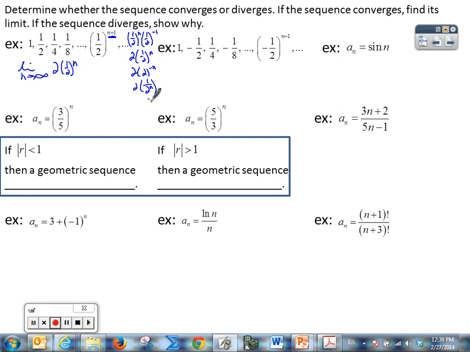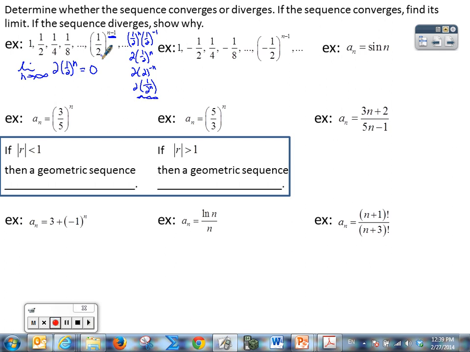Okay, so we can think about the limit in algebraic terms like this. And we can use that property that when I put larger and larger numbers in the denominator, it tends to 0. Okay, so that's one way that we can think about this limit, algebraically.